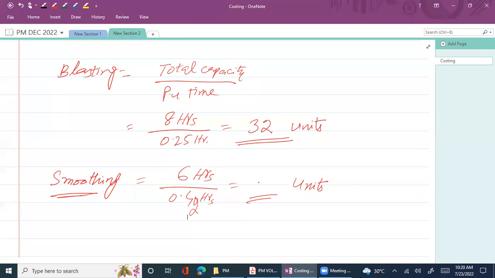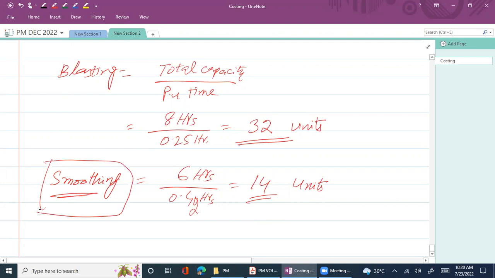It means that the smoothing department is a department which is putting a limit on production. So as per our definition, a bottleneck is something which is putting a limit on our production. So the smoothing department will be regarded as a bottleneck resource, and I used the data of product alpha.